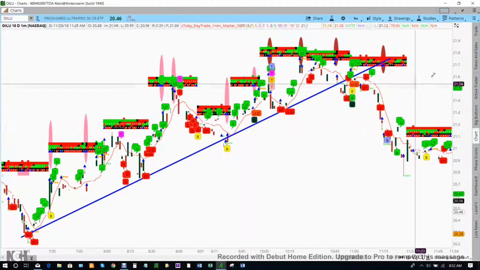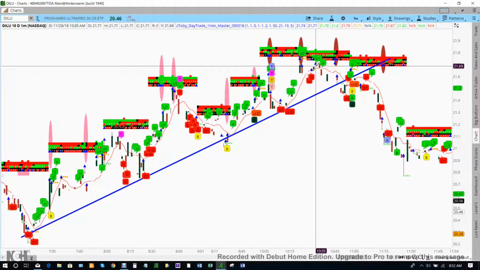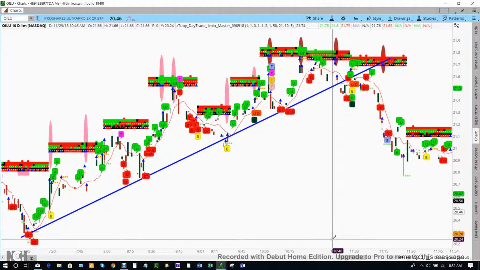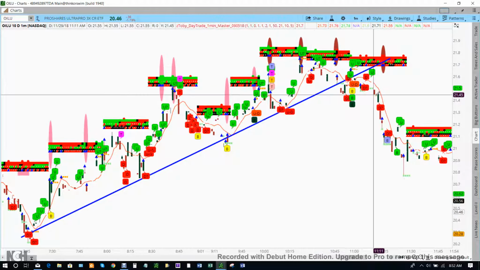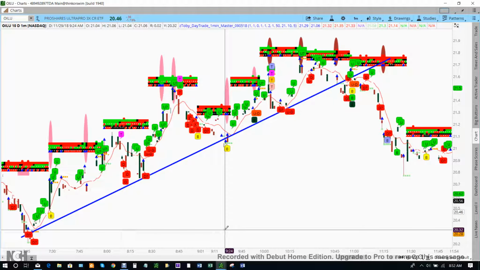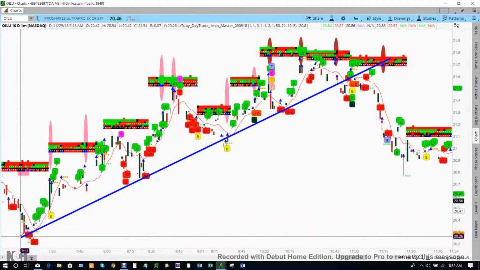As an example, this is a $20 share, and from the peak here to the low there is $2. So a $2 delta gain over a $20 stock is 10%. So you could actually make 10% from here to there.